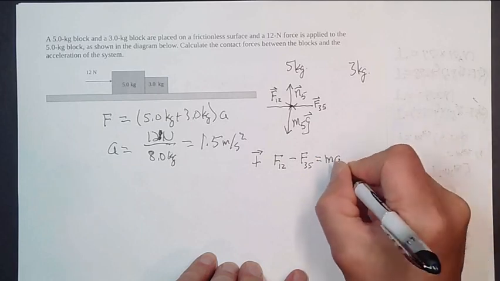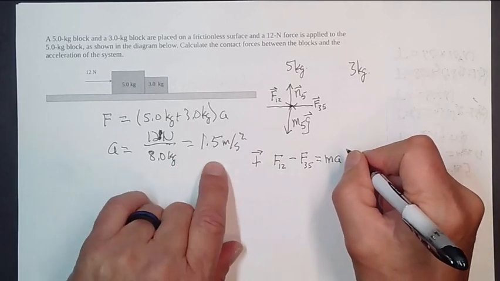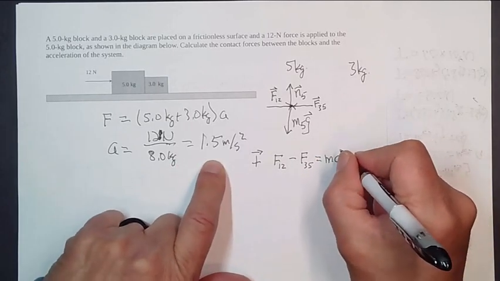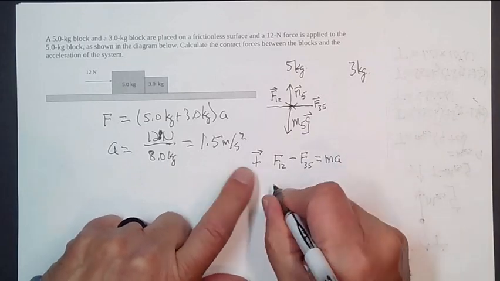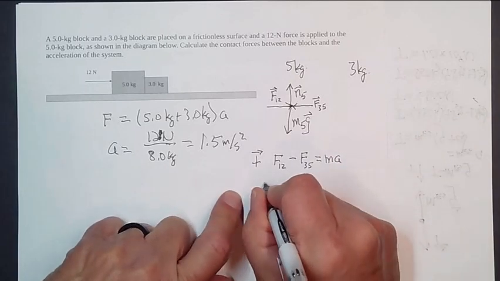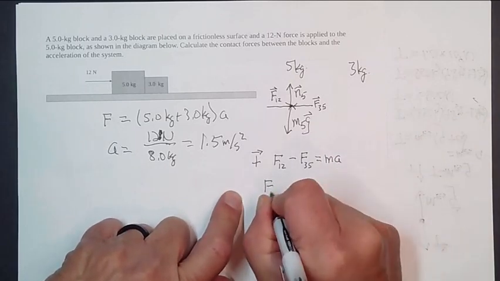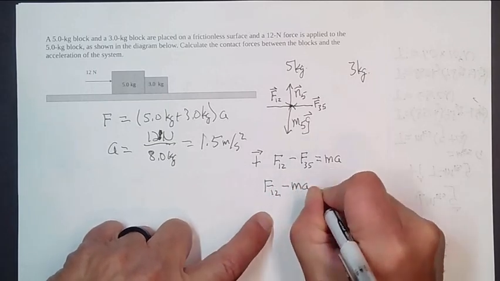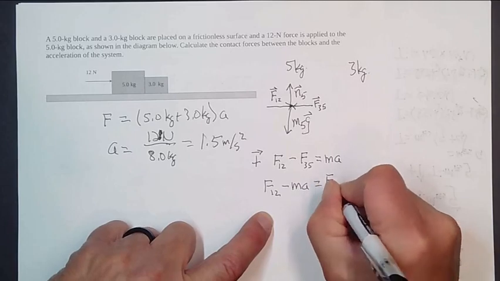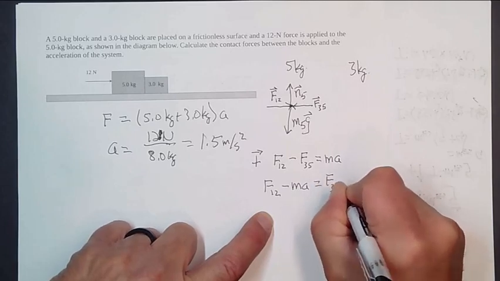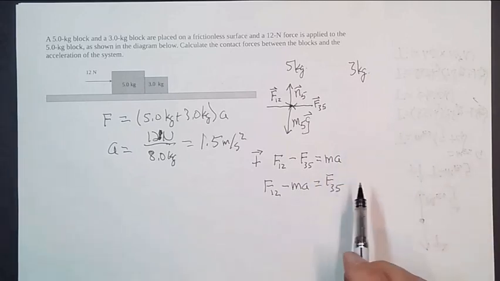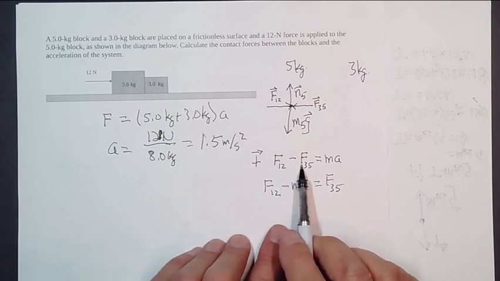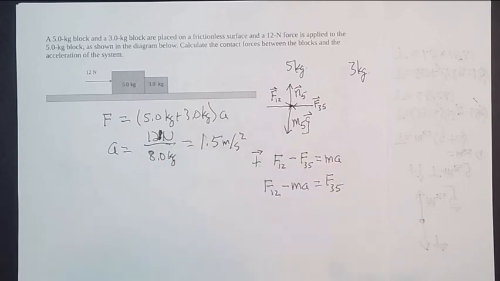Okay. Well, I figured out the acceleration. That's 1.5 meters per second squared. So, let's see. I can say F12 minus ma is going to equal F35. I'm dealing with magnitudes now. The sign indicated the direction of that, but when I bring it over, it becomes positive.